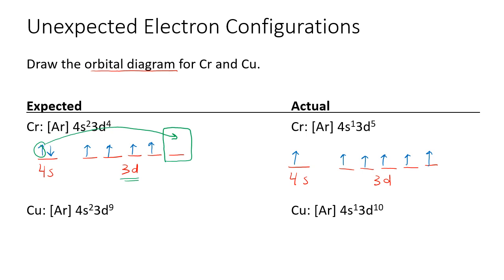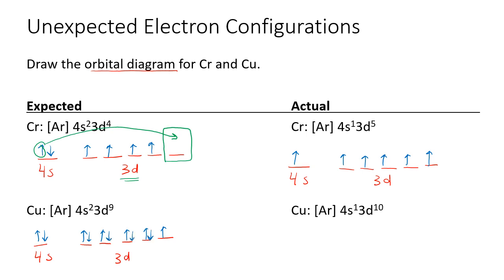And so for copper, we have 4s2 3d9 that would be expected because copper is the 9th element within the 4th period in the d block. And so we would think it would look like this, 4s, and then our 5 3d orbitals. We would have 4s1, 4s2, 3d 1, 2, 3, 4, 5, 6, 7, 8, 9.